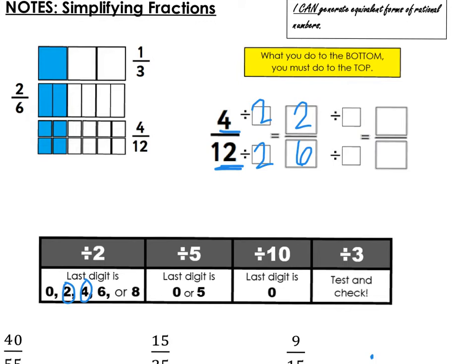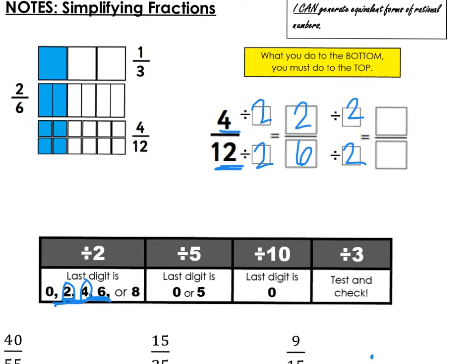Just because you simplify a number one time doesn't mean that it's simplified to its lowest terms. So we're going to see again: if a number ends with a 2 and a 6, these are both even numbers, and if it's an even number, then it can be simplified by 2 again. So we're going to divide both the top and the bottom by 2.